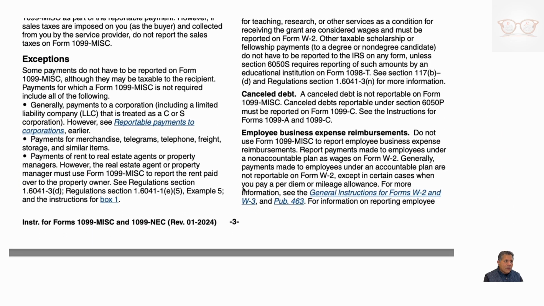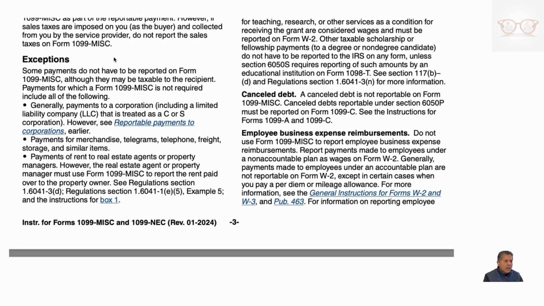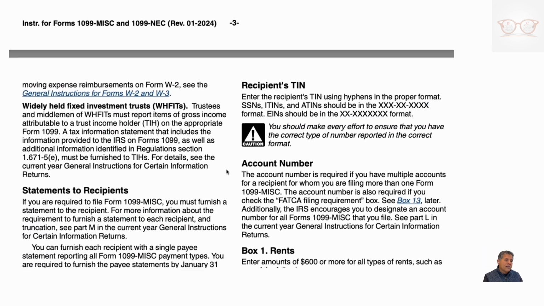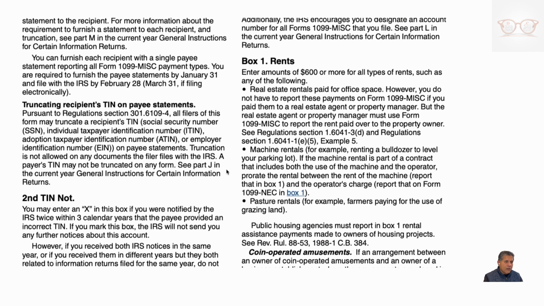And here are some exceptions. Payments do not have to be reported on Form 1099-MISC, although they may be taxable, if it's to a corporation, an LLC that's treated as a C or an S Corp. This is why getting the W-9 is an important part. However, some payments to corporations are reportable, and that is explained elsewhere on this document.